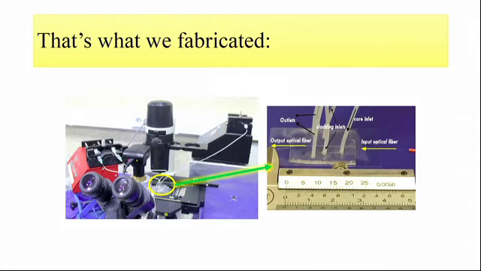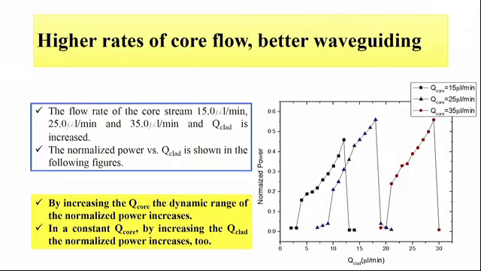This is what we have fabricated, the microchip and the setup, and this is our result. It is shown that higher rates of core flow result in better waveguiding, and it is also true when we increase the cladding flow rate. This may lead to better characterization of these optofluidic waveguides. Thanks for your attention.